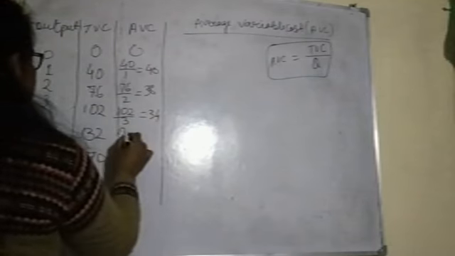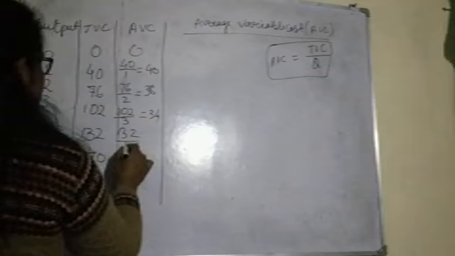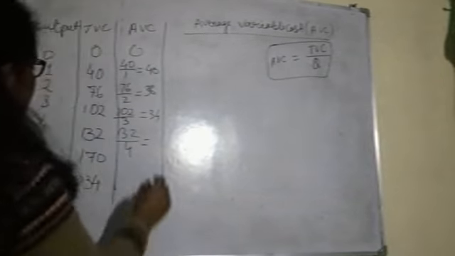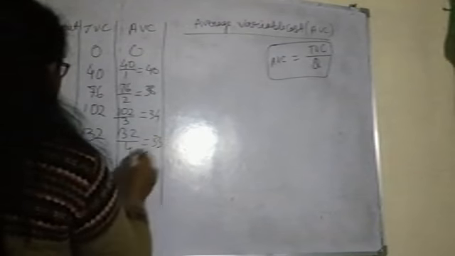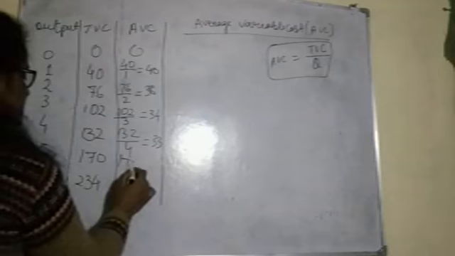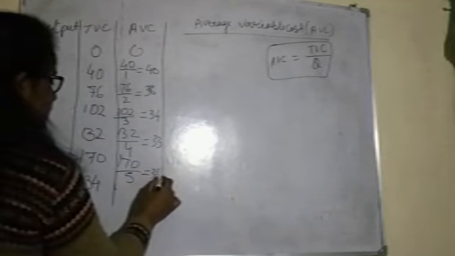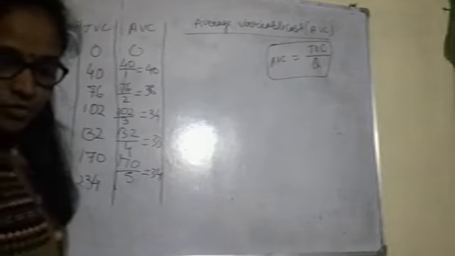Then 132 upon 4, you will get 33. Then 170 upon 5, again you will get 34.